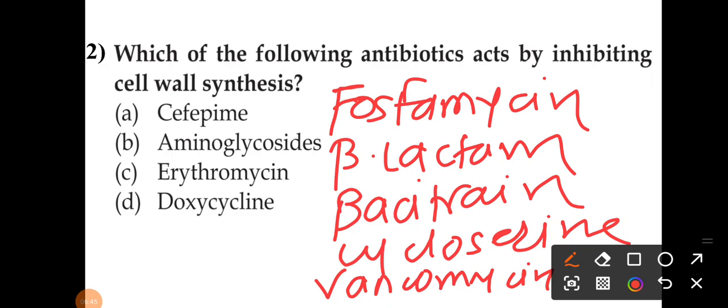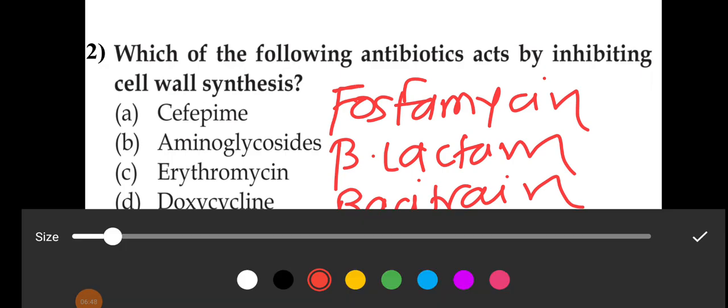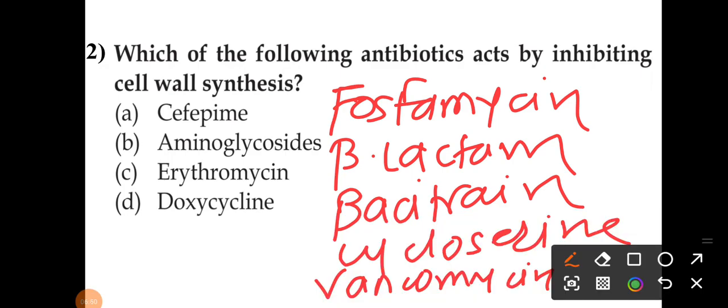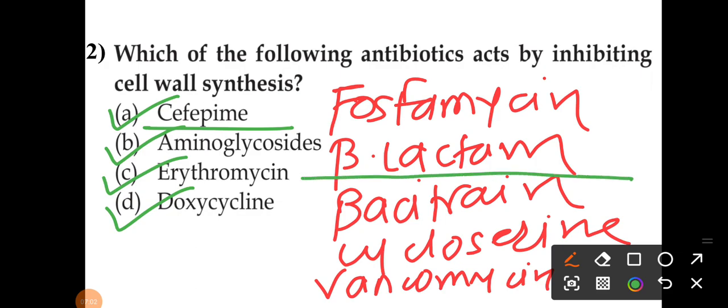So the options are: the first option is cefepime, then aminoglycosides, erythromycin, and doxycycline. Okay, so we know cefepime is a cephalosporin, and that is nothing but a beta lactam antibiotic. Beta lactam antibiotics are cell wall synthesis inhibitors, which means the correct answer is cefepime only.